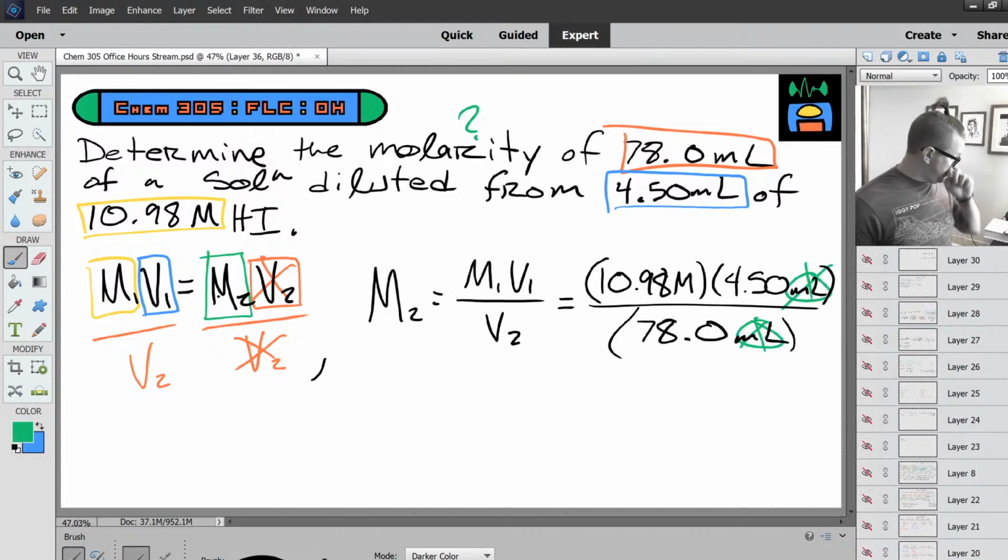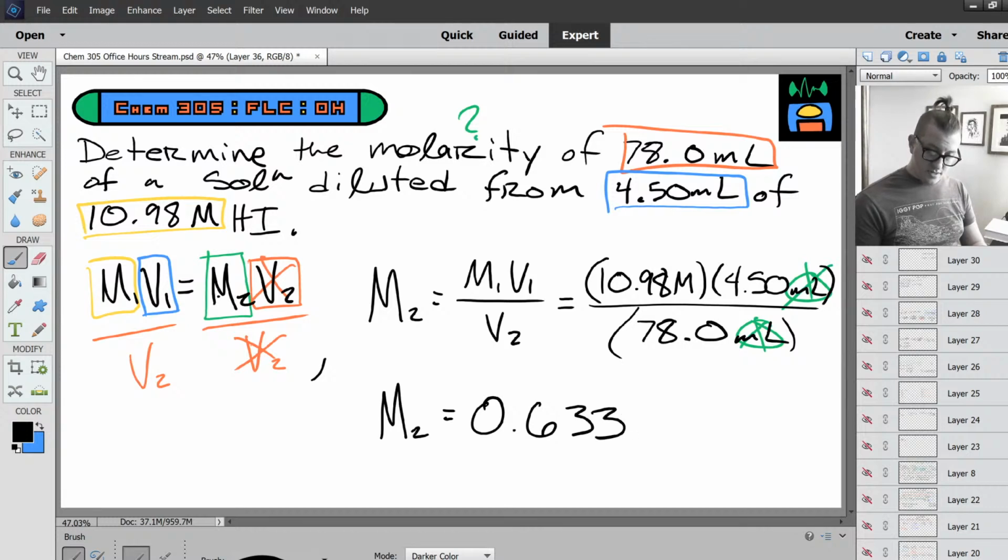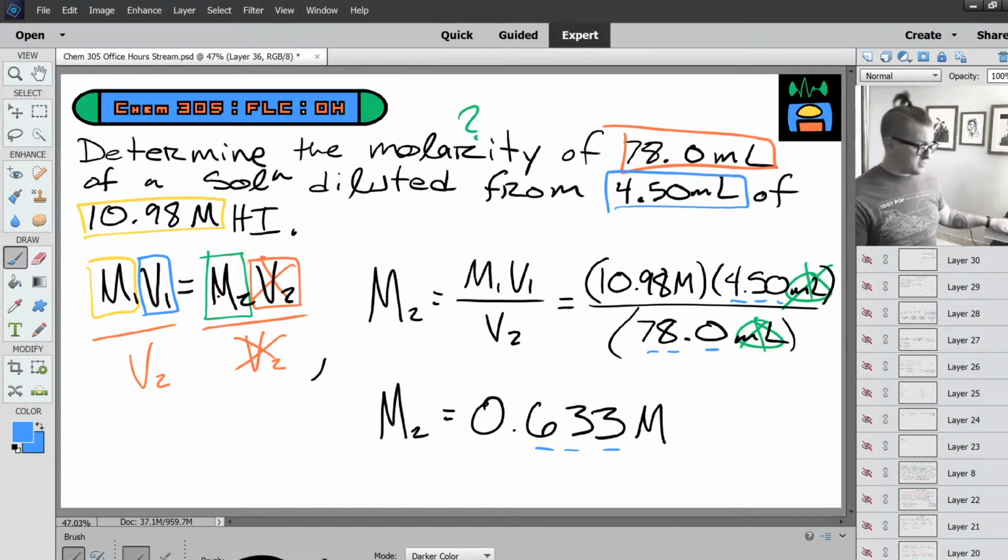Milliliters cancel, which is good because we are solving for a molarity. 10.98 times 4.5 divided by 78.0 gives us a molarity of 0.633 molar. We can only keep 3 sig figs because our two volumes each only have 3 sig figs.